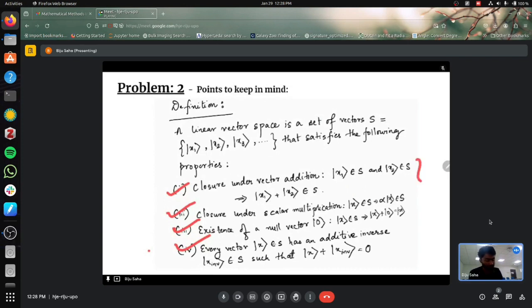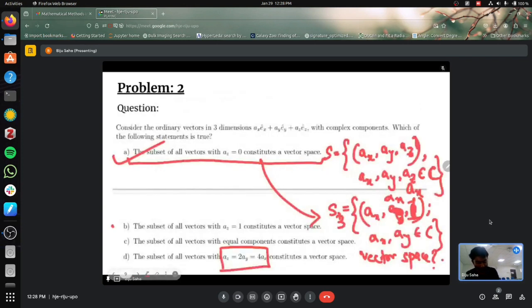In that case you immediately confirm that the subset does not form a vector space. Then you don't need to go to the further options. You can, but once the first condition is unsatisfied, the remaining conditions do not hold much importance. So that particular subset does not form a vector space. So you can check B, C and D and confirm whether they form a vector space or not, the same way I did for option A.